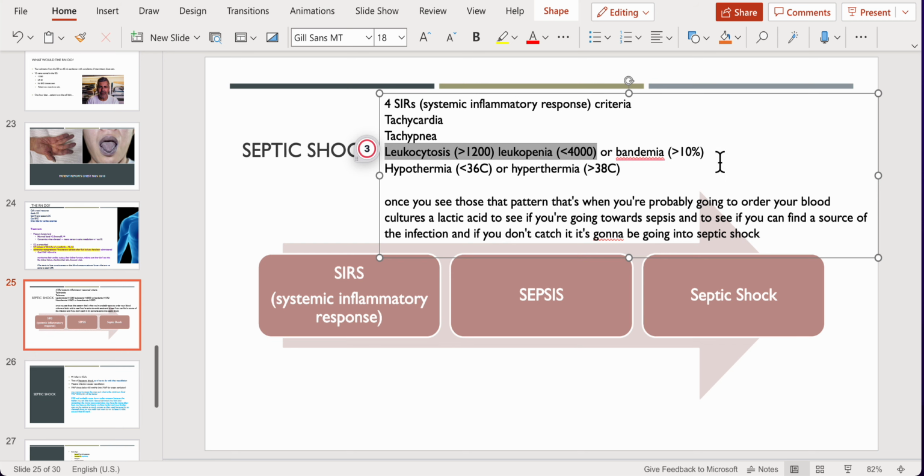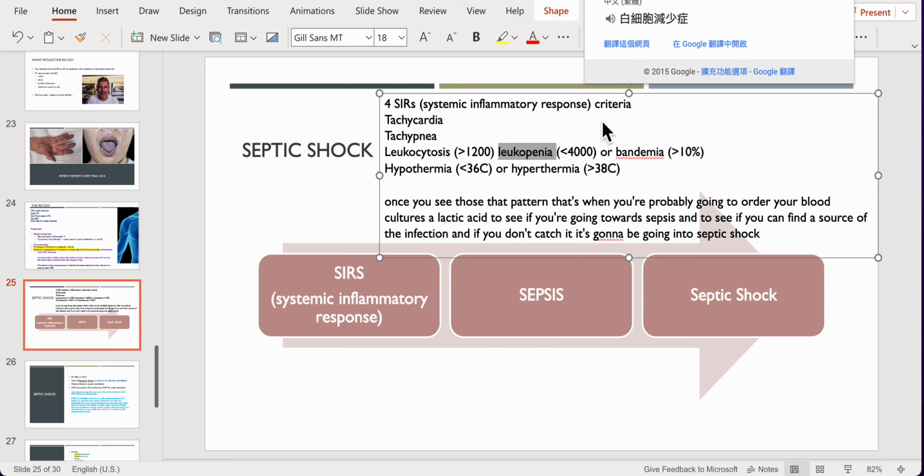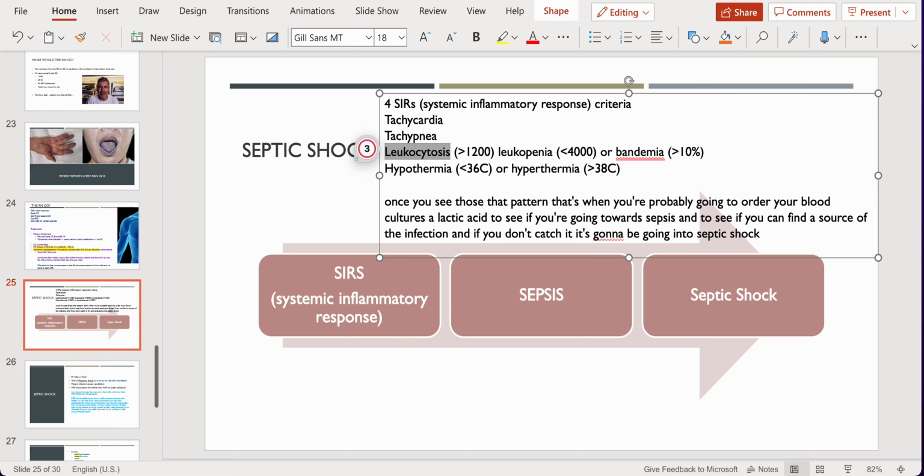Leukocytosis, greater than 12,000, or leukopenia, less than 4,000. Bandemia, 10%. Hypothermia, less than 36 C, or hyperthermia, greater than 38 C.